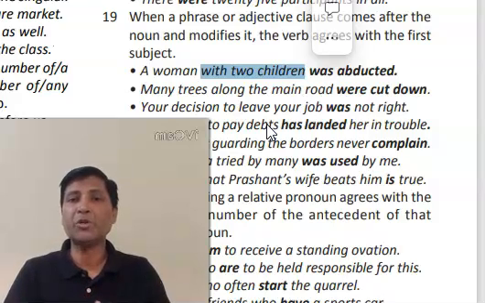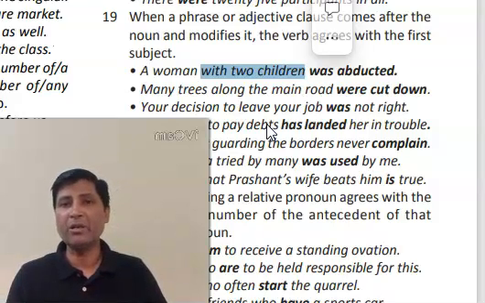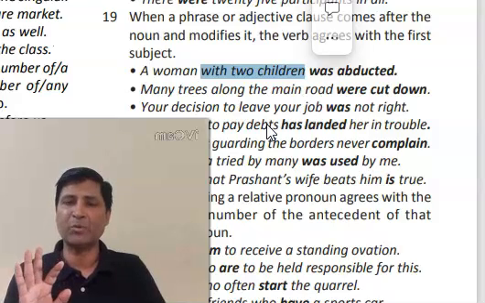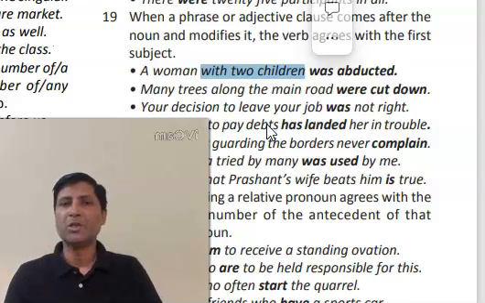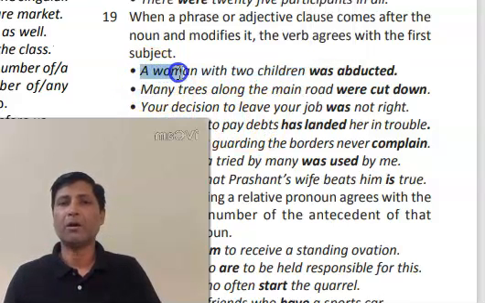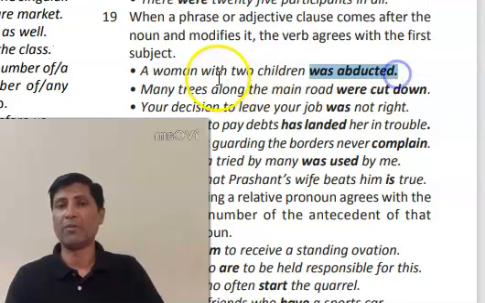So, "A woman with 2 children was abducted." Here this highlighted part is an adjective. In simple language, you have to understand it is an adjective coming between the subject and the verb. This "a woman" is singular, and therefore this verb is also singular.